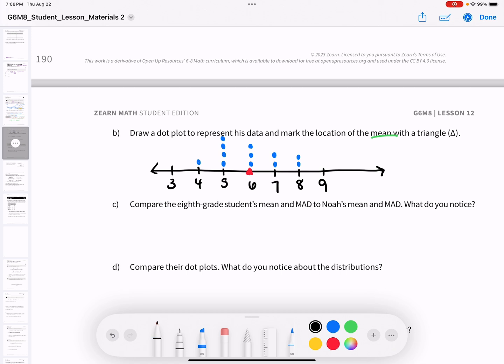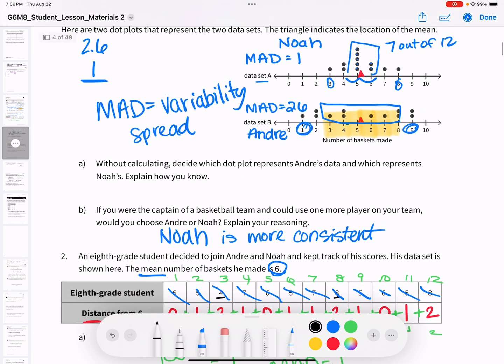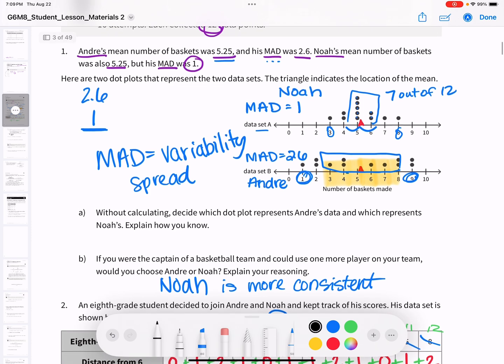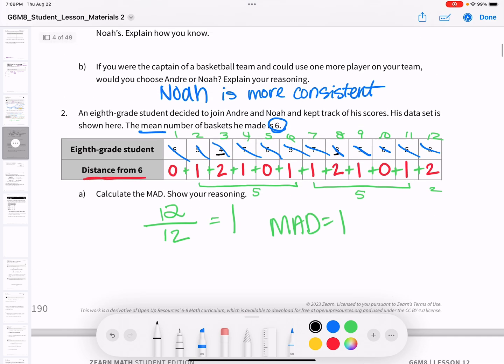Compare the 8th grade student's mean and MAD to Noah's mean and MAD. So the 8th grader's mean was 6 and his MAD was 1. Noah's mean was 5.25, and his MAD was also 1.